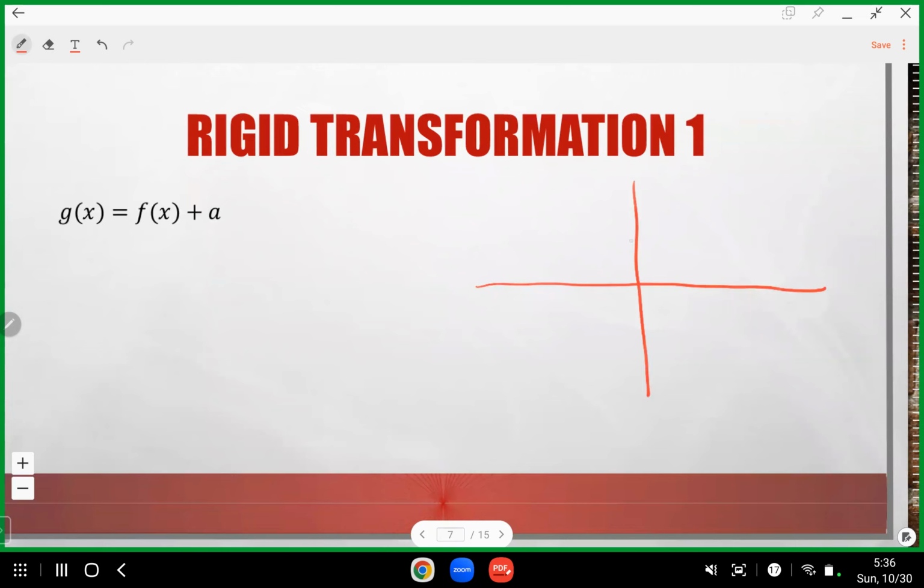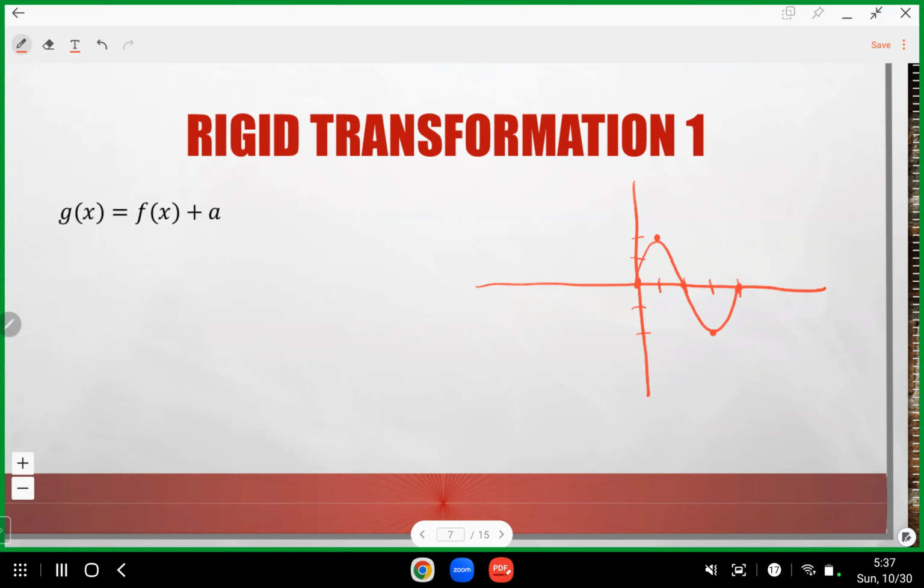Let's make it bigger. Let's make this 2. I'm just going to use this graph as a demonstration graph. It's very simple, right?